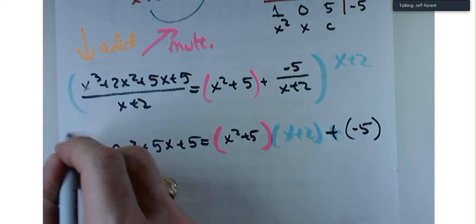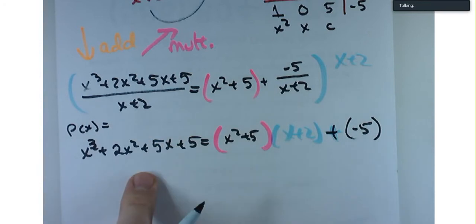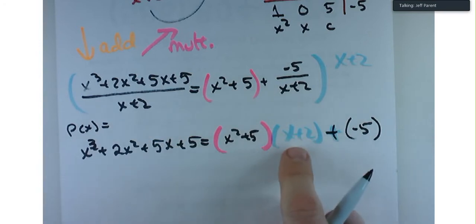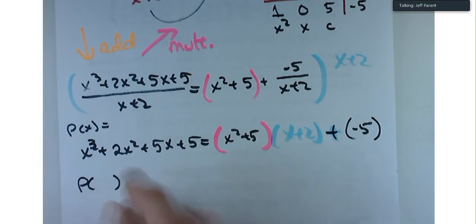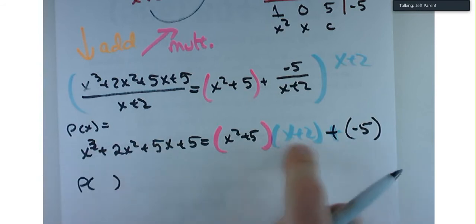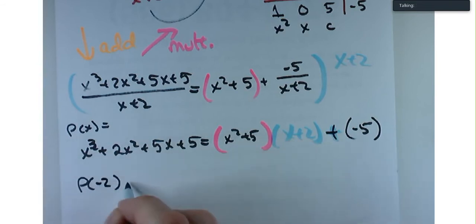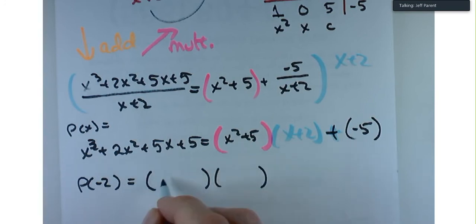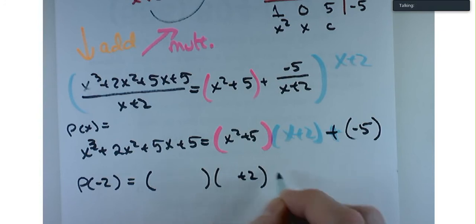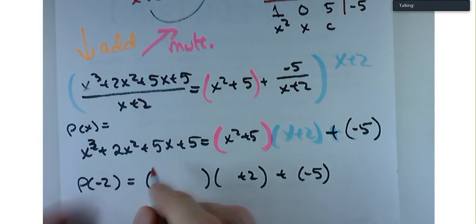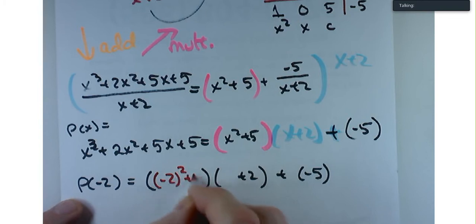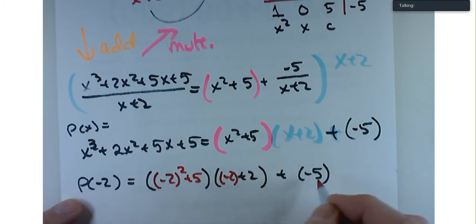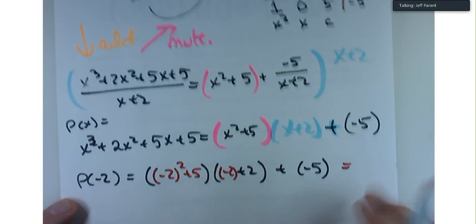Let me call this p of x right here. So if I wanted to find p of, say, negative 2, well, I claim I don't have to actually do a whole lot of work. If I did p of negative 2 here, negative 2 squared plus 5 times negative 2, I claim that that's really a no-brainer.